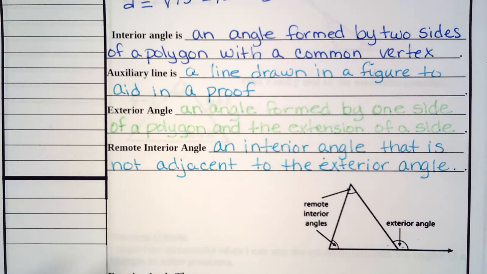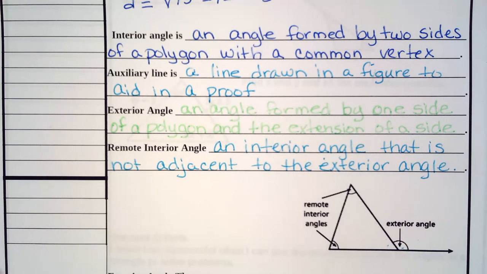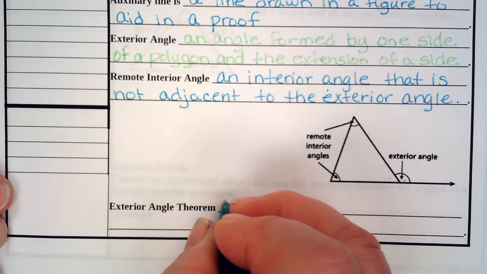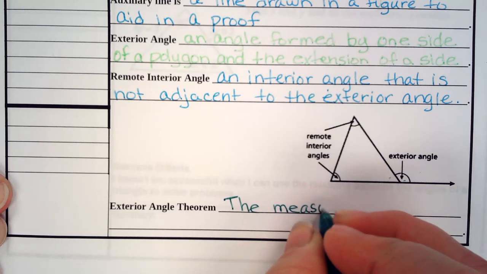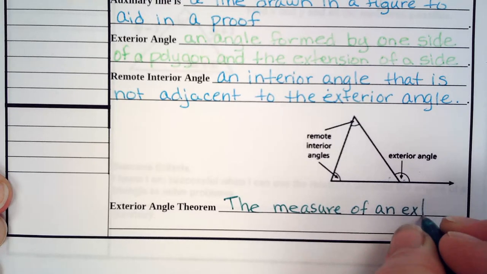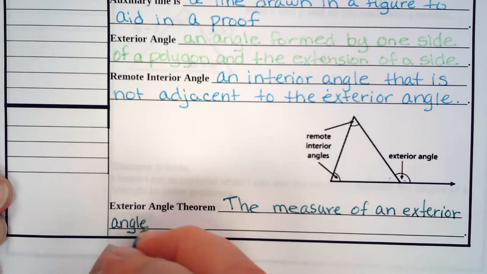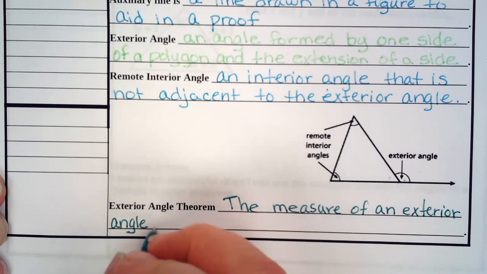And that brings us to another theorem. It's the exterior angle theorem. The measure of the exterior angle of a triangle is equal to the sum of the measures of the remote interior angles.